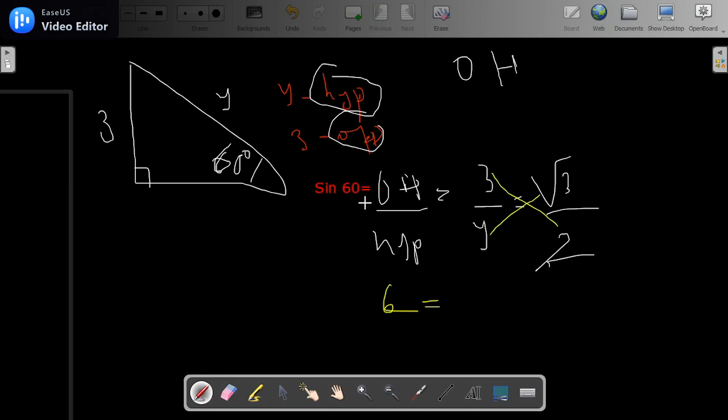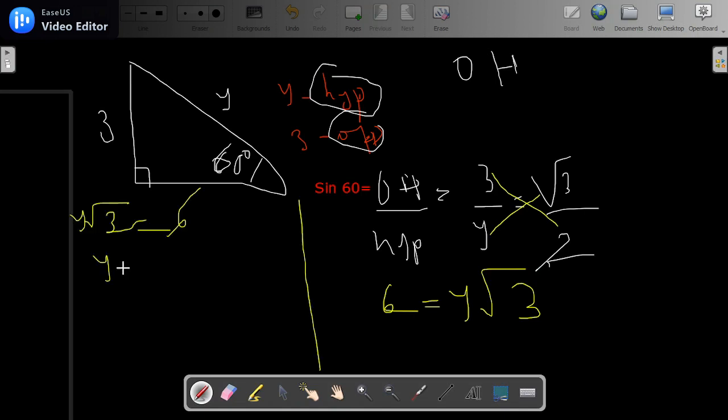So what's the next thing? We now have to rationalize, but before we do that, you can definitely say y root 3 is equal to 6. Then y is equal to 6 over root 3.